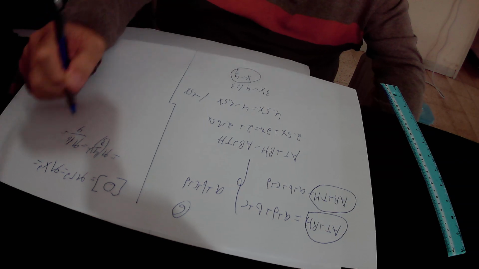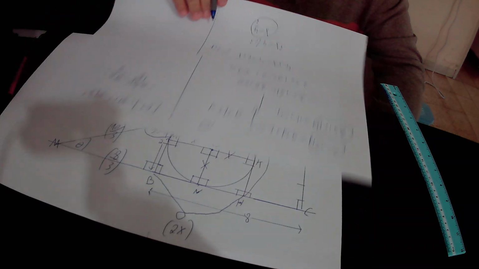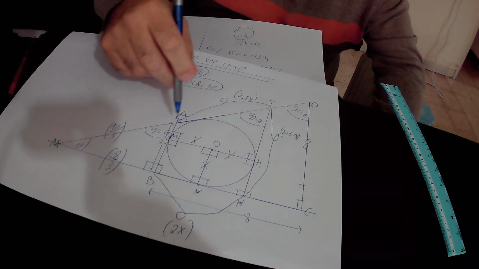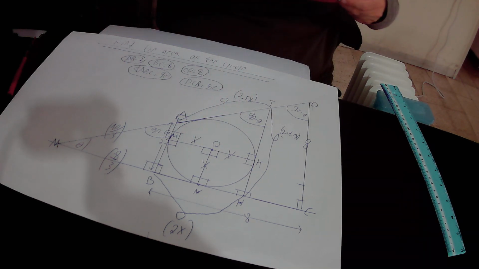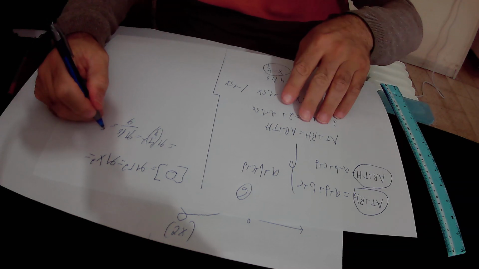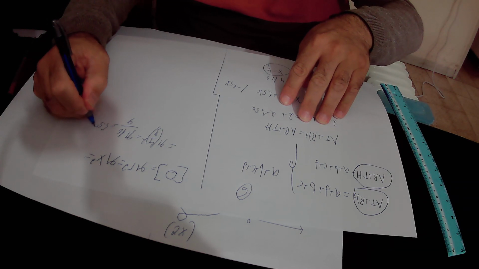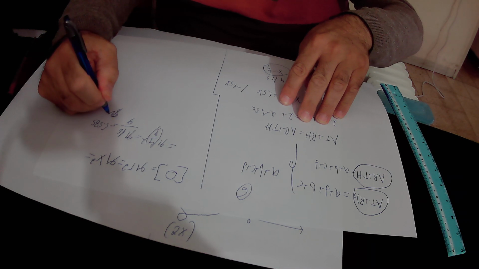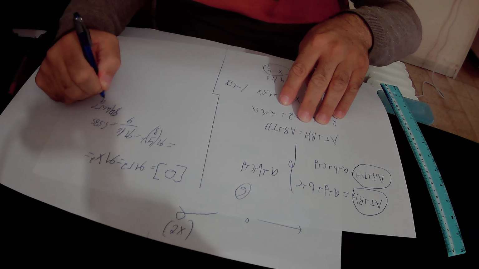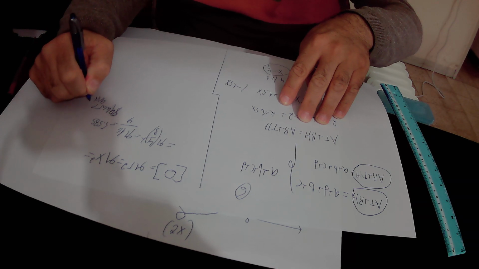So in total, we found out that the area of this circle equals either 16 pi over 9 square units, or in terms of numbers, 5.585 square units. And that is the answer to our question.